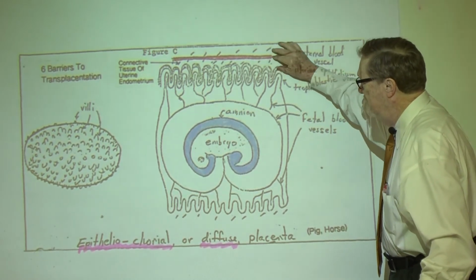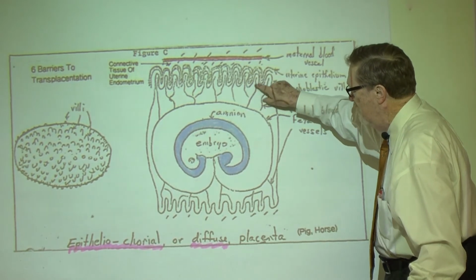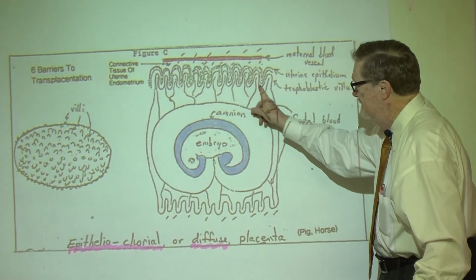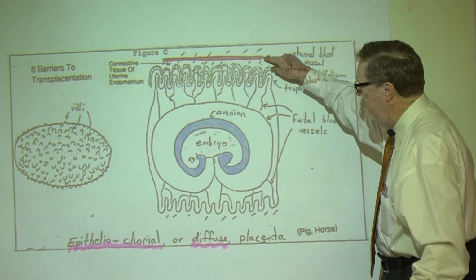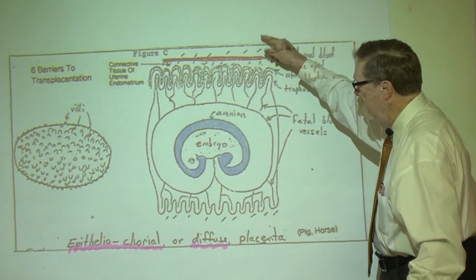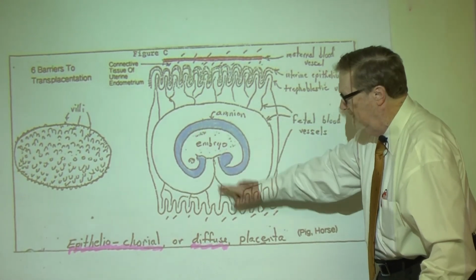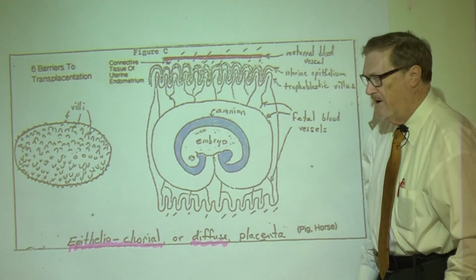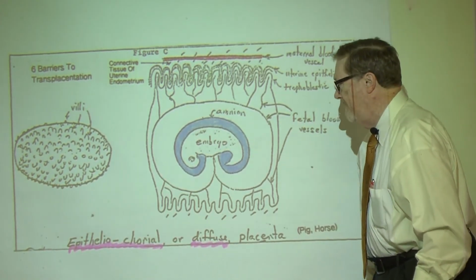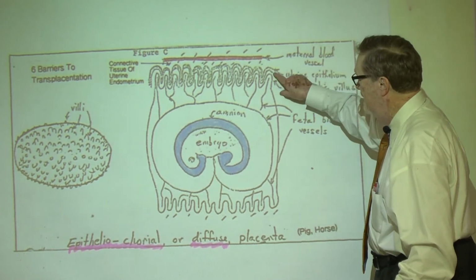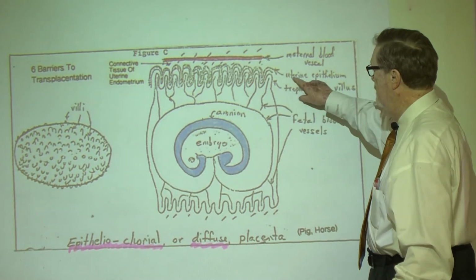We want to get through all the tissues that are of maternal origin and get through all the tissues that are of fetal origin up on the inside of this chorionic villus. Okay? And eventually that molecule will go from the hemoglobin here to the hemoglobin in the blood that leads down into the embryo. 6 barriers. And the outer barrier of maternal origin is this outer folded layer right here of uterine epithelium.